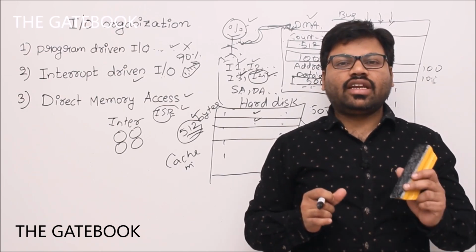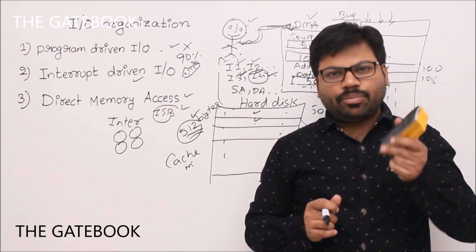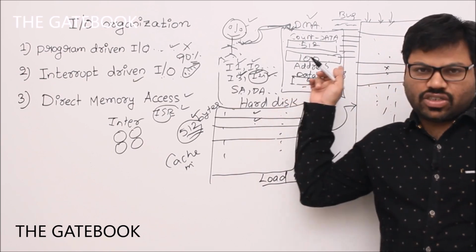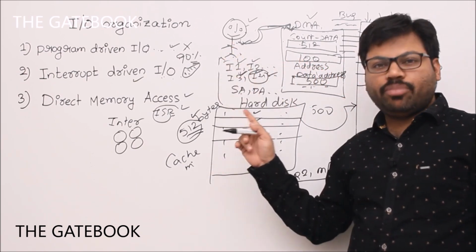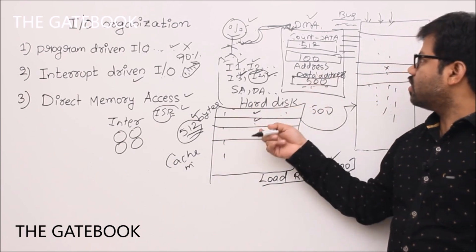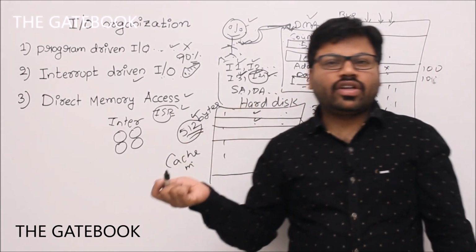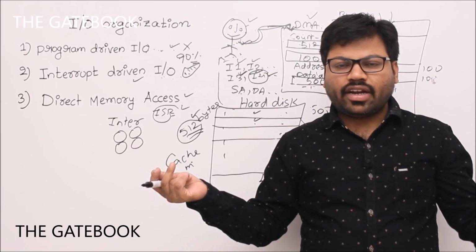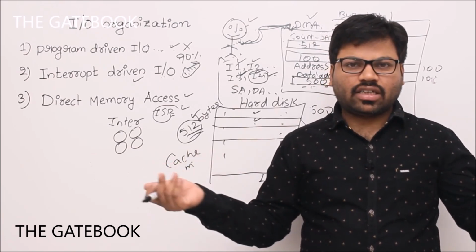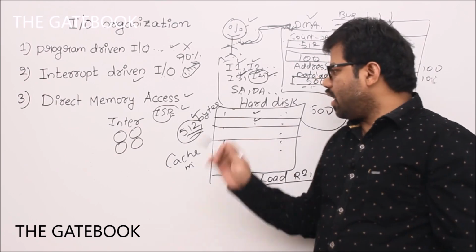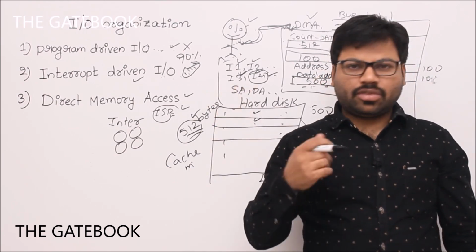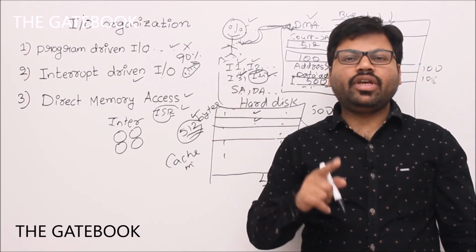Otherwise, we would unnecessarily waste the CPU on huge data transfers. Otherwise your CPU will be busy sending this data from hard disk to memory. So at that time it cannot execute other programs or other instructions, so the speed will be reduced, right? So definitely because of DMA, the speed up of your computer will be improved.